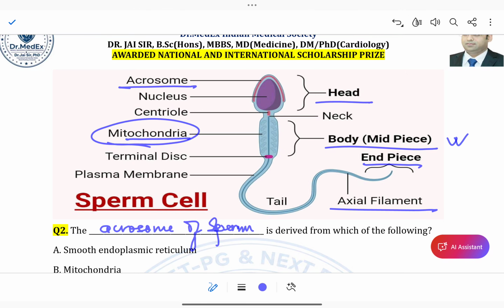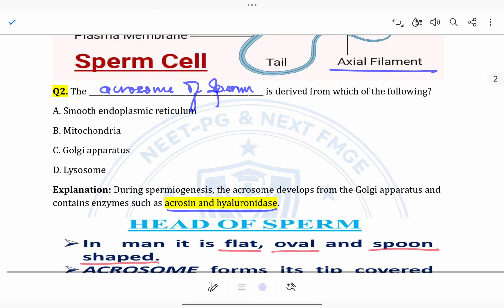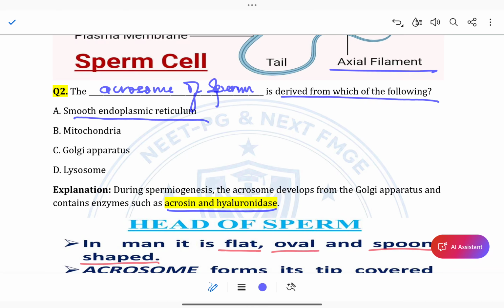The acrosome of a sperm is derived from which of the following? A, the smooth endoplasmic reticulum; B, mitochondria; C, Golgi apparatus; and D, lysosome. Of course, the answer is Golgi apparatus.